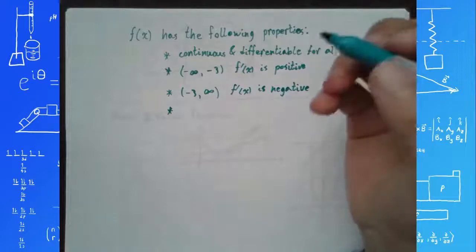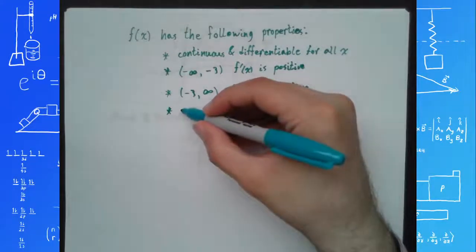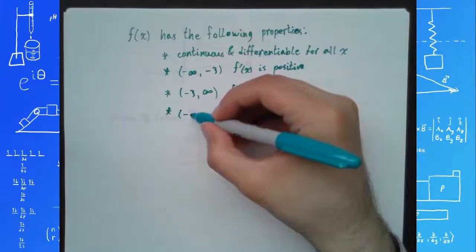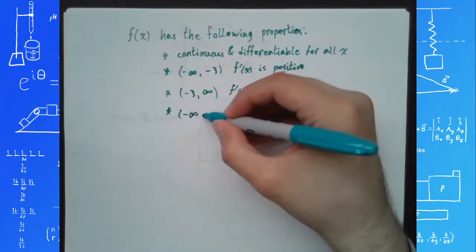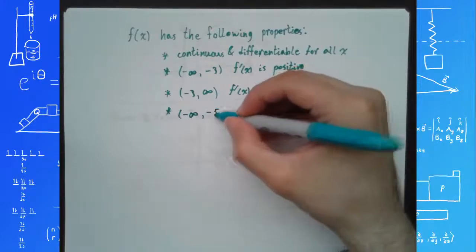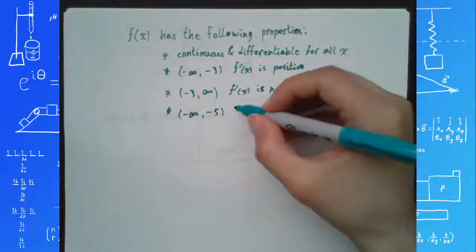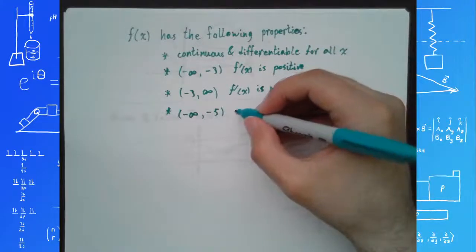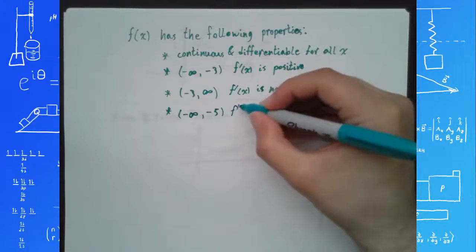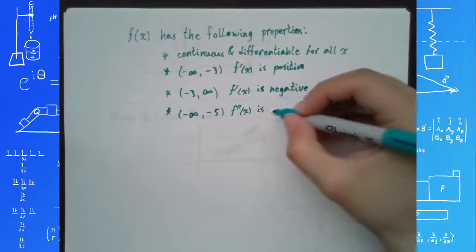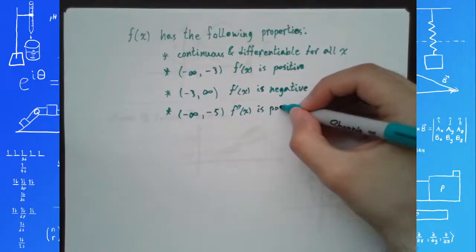Anyway, it'll also tell you something like from negative infinity to, let's say, negative 5, the graph is concave up. Or actually, no, they'll say f double prime of x is positive. Or maybe they'll say it's concave up, who knows.